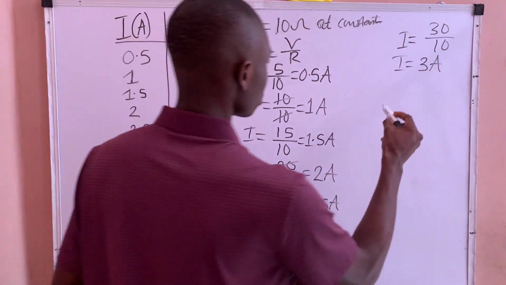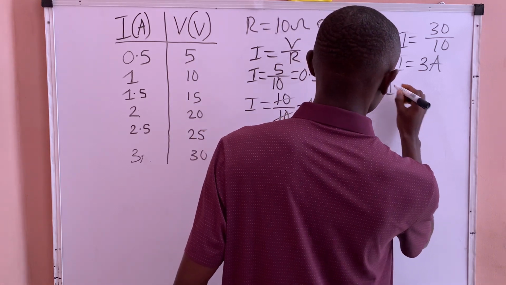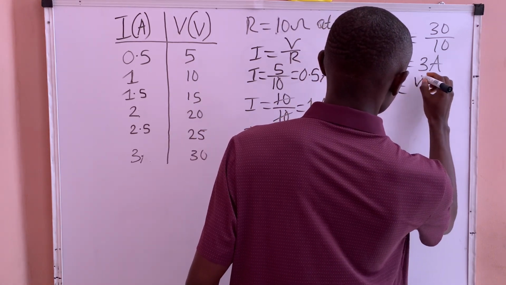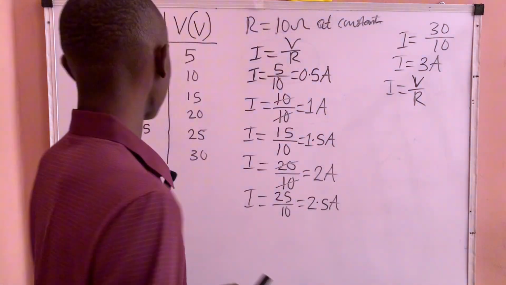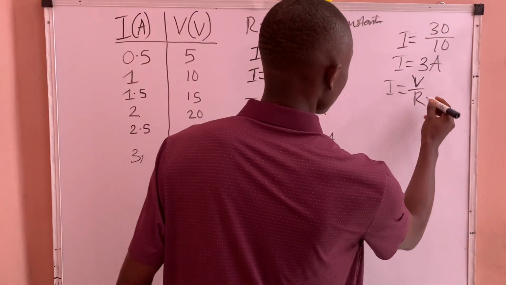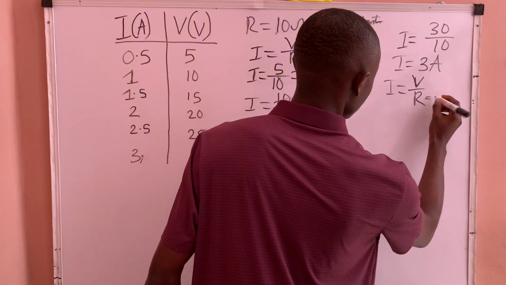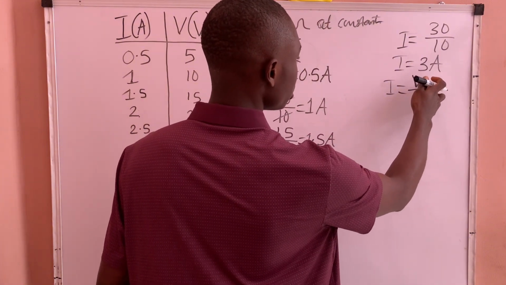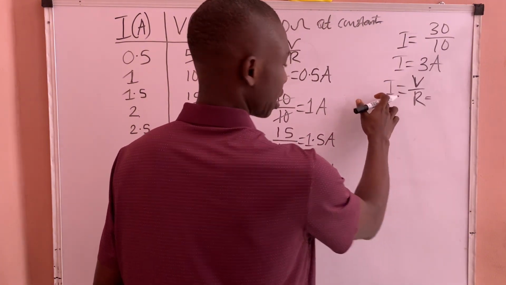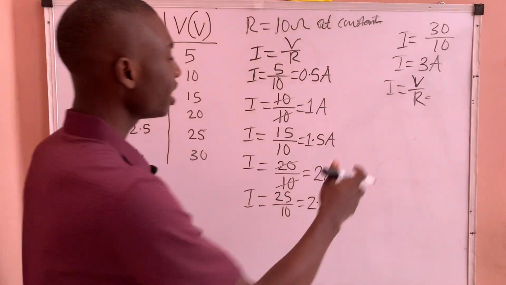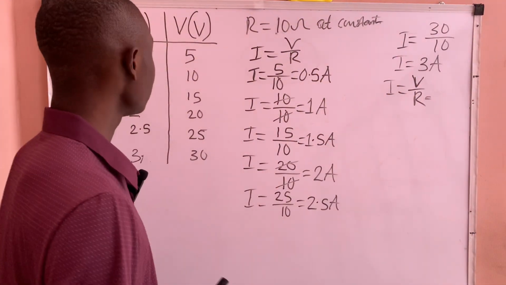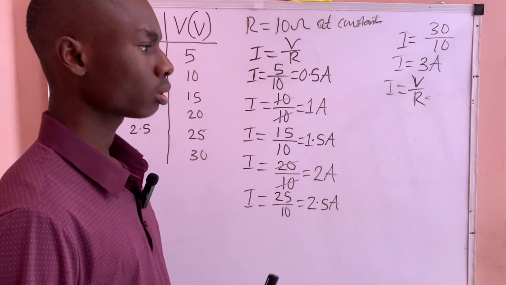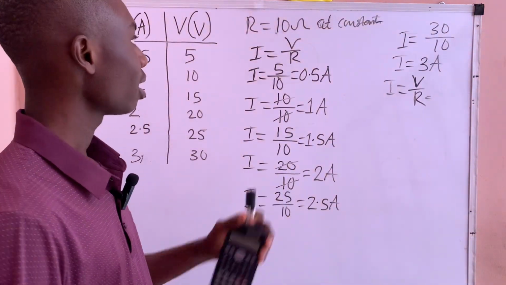That means this concept is true. At constant resistance, an increase in voltage will make current increase as well. A decrease in voltage will decrease the value of current in the circuit. So that was what I explained earlier.